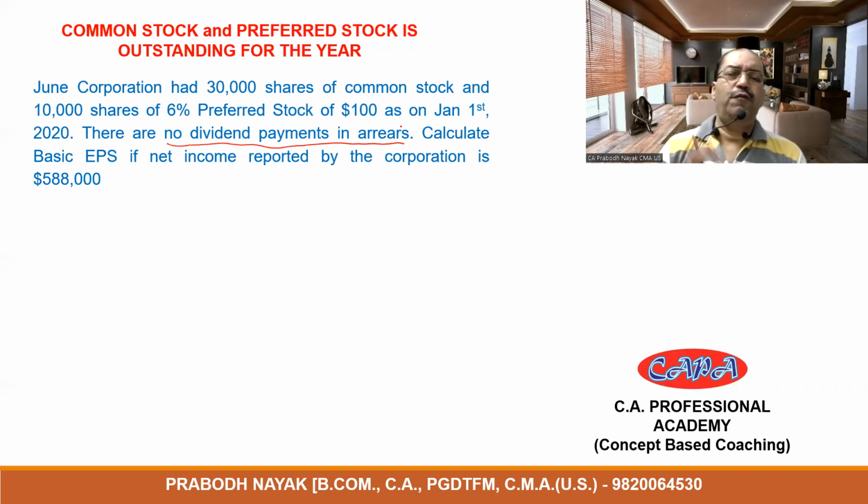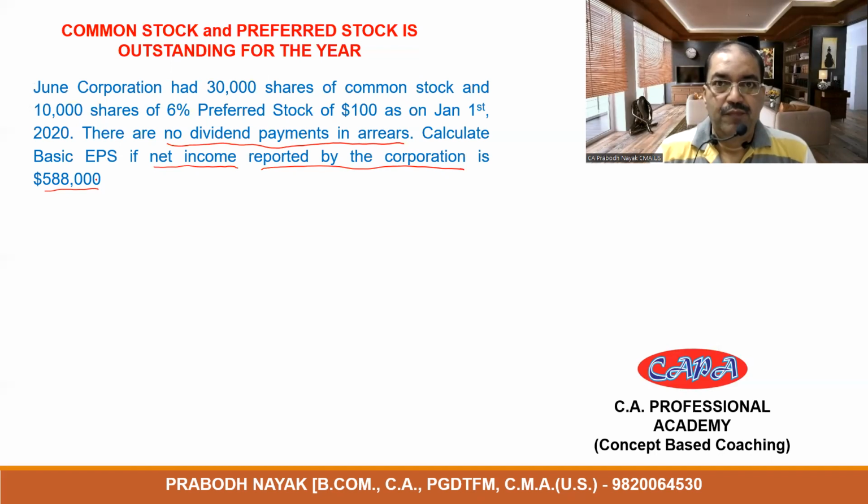Even the current year dividend has been paid. Calculate basic EPS if net income reported by the corporation, always remember this, is $588,000.